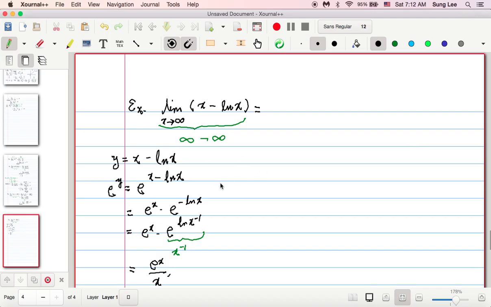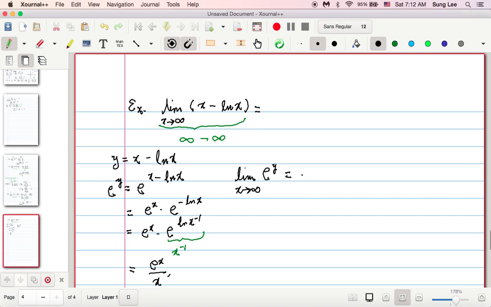So what I'm going to do is calculate the limit as x goes to infinity of e to the y.